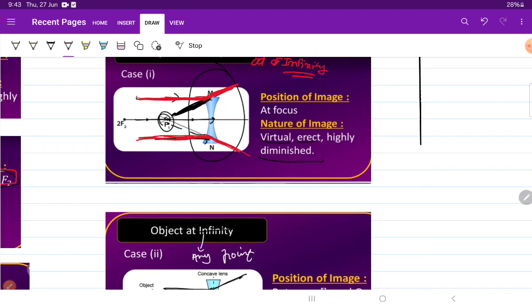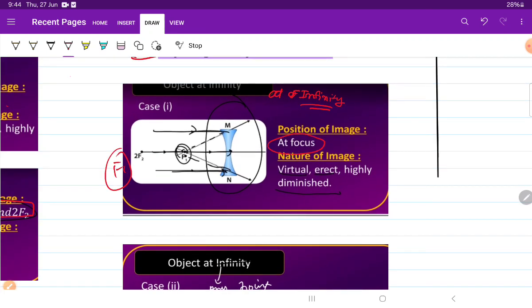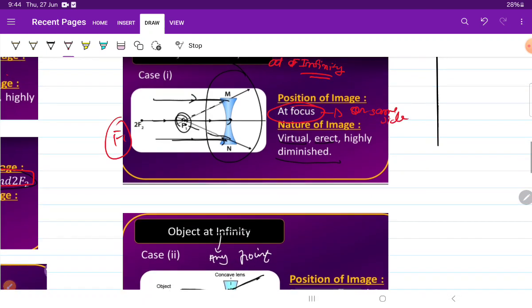So if you make an imaginary line of the reflected ray of one light and the second light, then they concentrate at one point, and that point is f1. So the position of the image is f1, but you have to write on the same side.